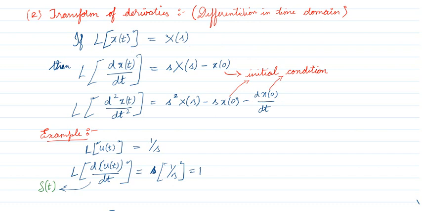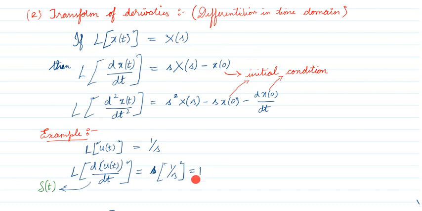Now we know the Laplace transform of u of t, unit step signal, is 1 by s. Now I am going to differentiate the unit step signal. What does the property say? One time differentiation is s into X of s. What is X of s? This is my X of s, 1 by s.